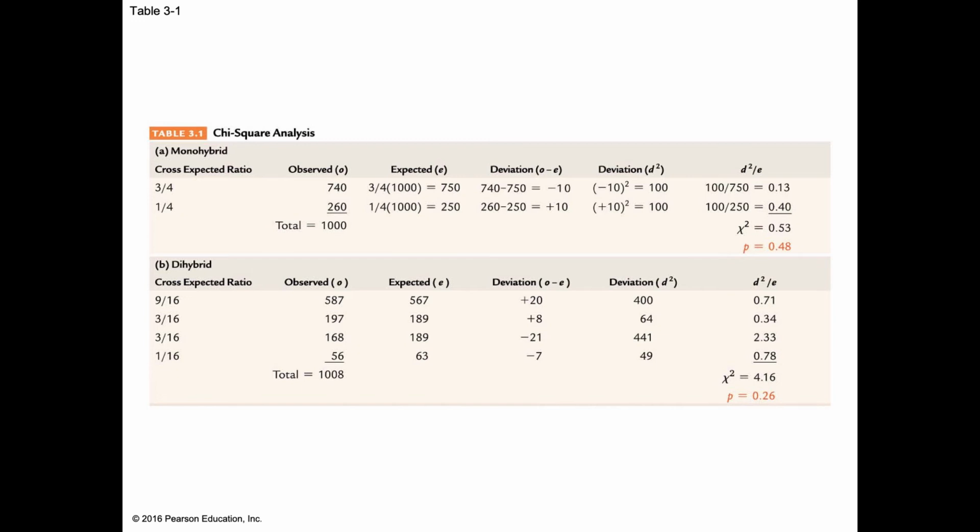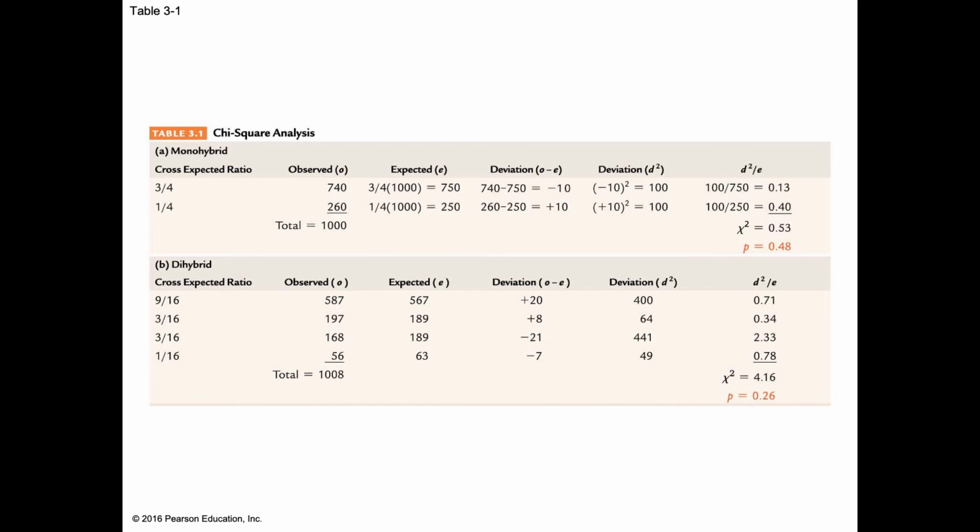So the way that we do the chi-square analysis is we first look at our deviation. So we subtract the expected from the observed. Basically, how different is our observed result from what we expected.